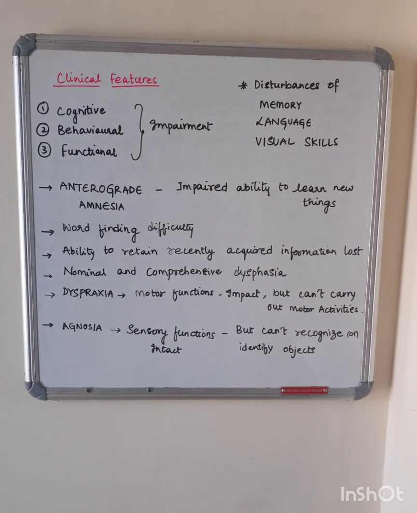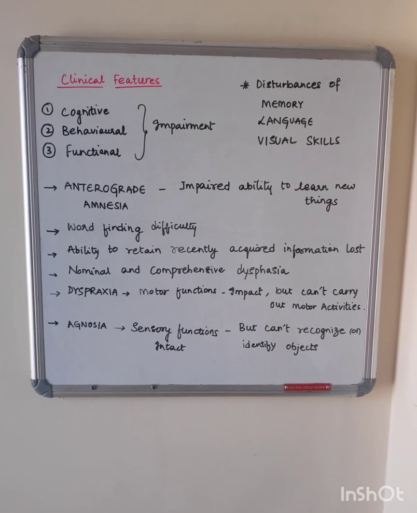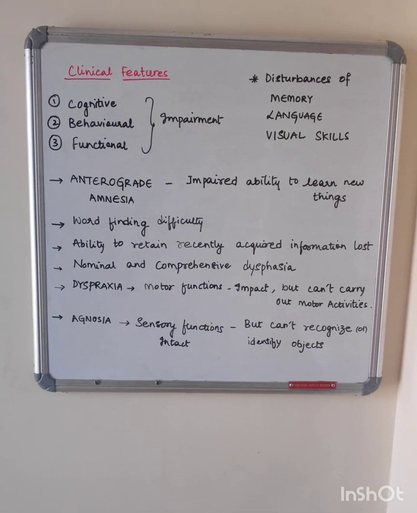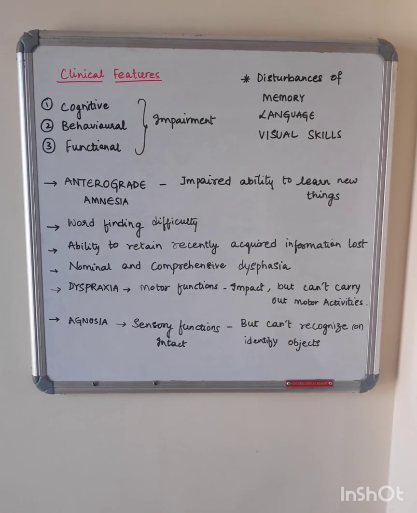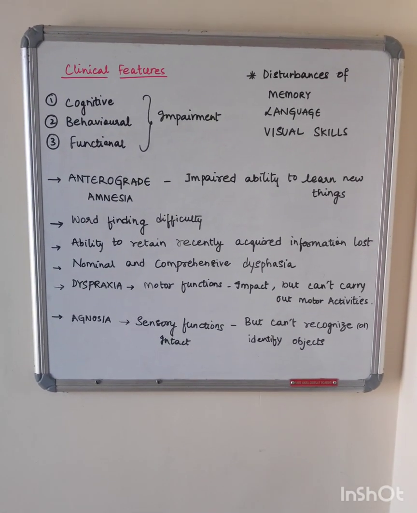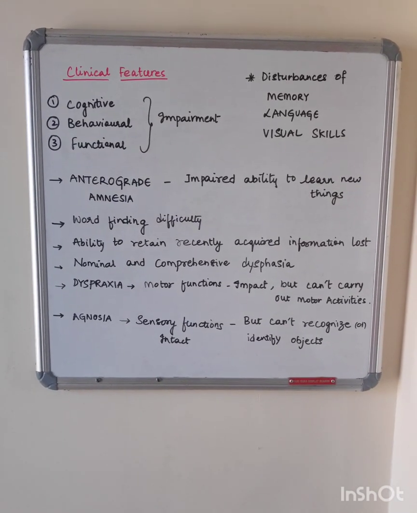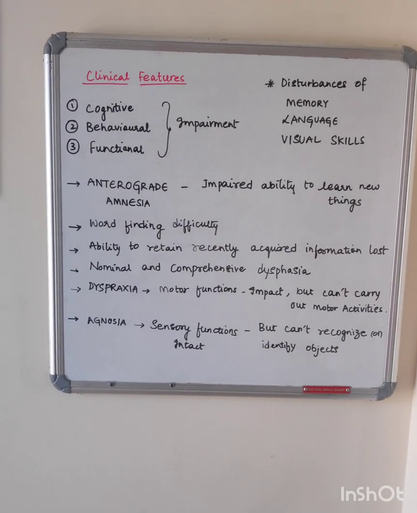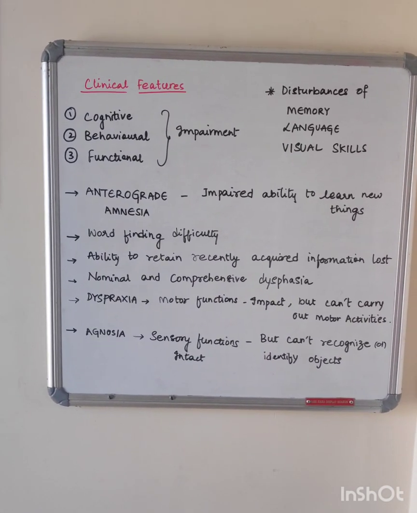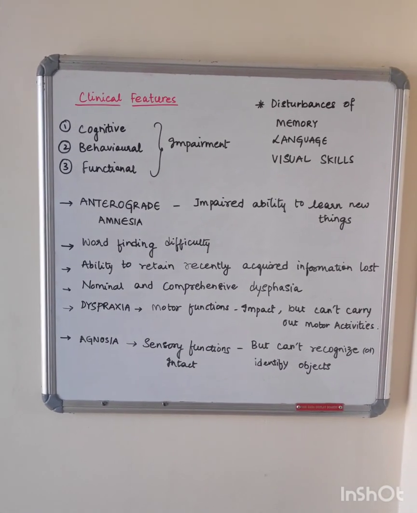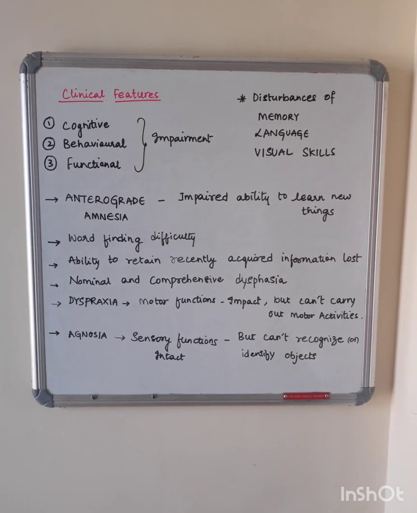Now, coming to the clinical features of Alzheimer's disease, the people with Alzheimer's disease have impairment of cognitive functions, behavioral functions, and also functional disturbances. And we can also see disturbances of memory, language, and also visual skills. And one more important feature is anterograde amnesia. Anterograde amnesia means the people cannot learn new things. That means these people can retain the past things with full memory, but they cannot learn new things.